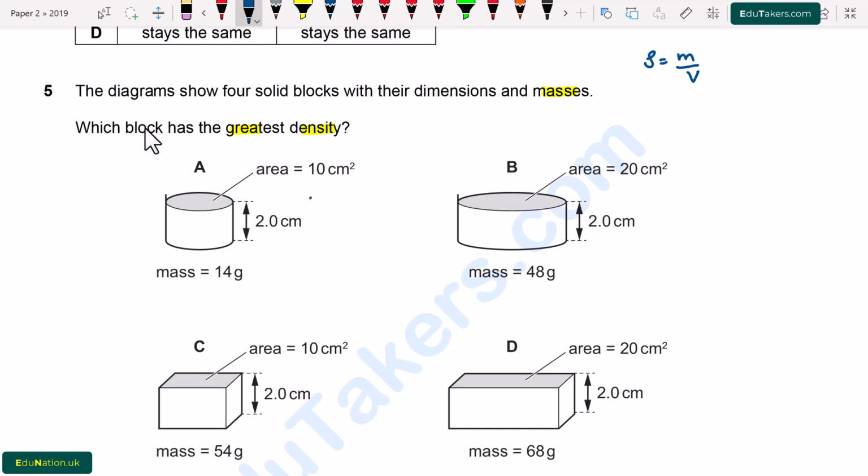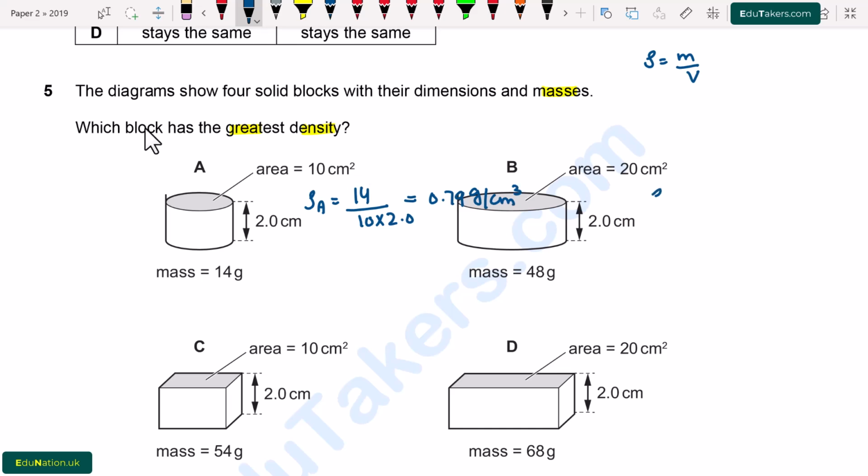So I write here density for the object A. It is mass, which is given 14 gram, divided by volume. Volume will be the multiplication of area and height. So it will be 10 multiplied by 2.0. So that density will be equal to 0.79 and unit is gram per cubic centimeter.